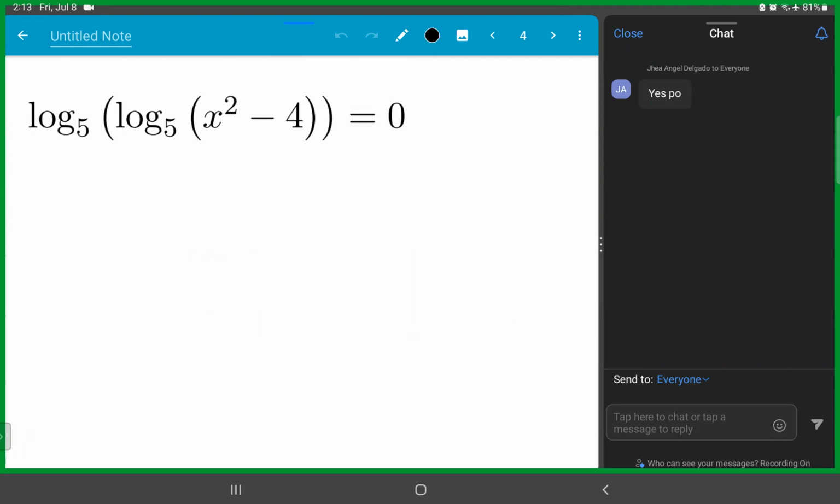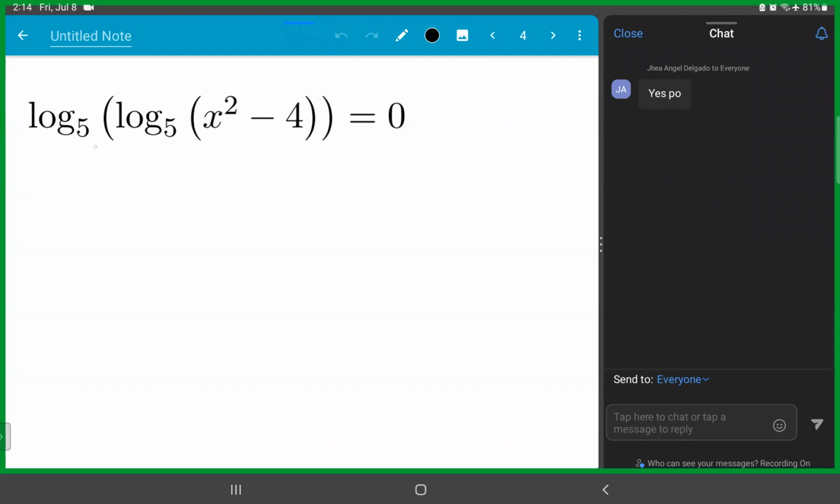So let's look at this one. It may seem difficult, but with knowledge of conversion from one form to another, like from logarithmic form to exponential form, this will actually be easily solved.